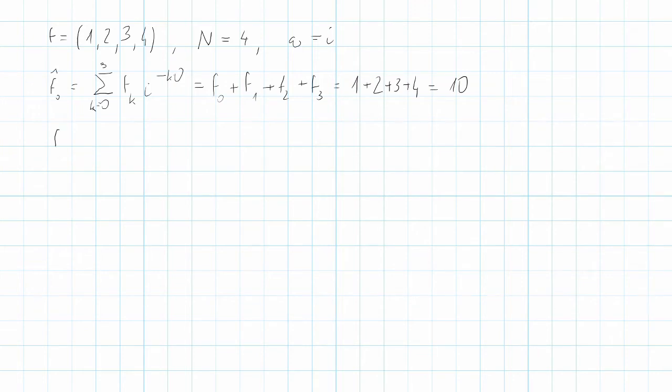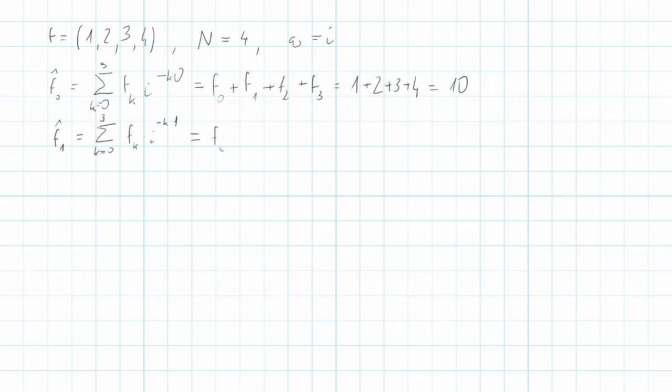So let us compute the next coefficient, f1 hat. It's again by the same formula. This is the sum from k equals 0 up to 3, f_k times i to the power minus k times 1, so minus k. So what is it?